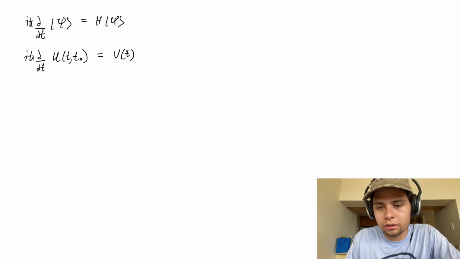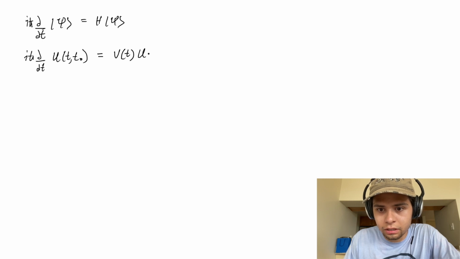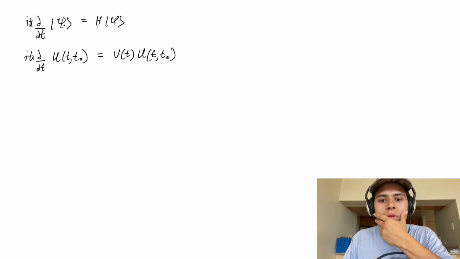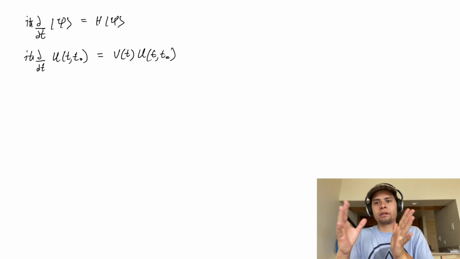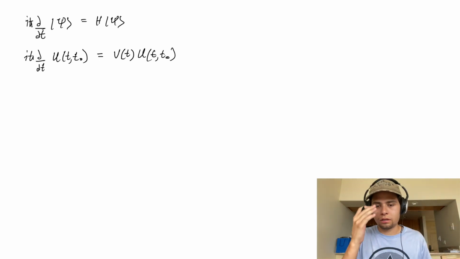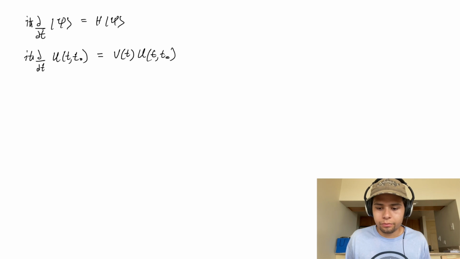That's what we're interested in. And times u, because again I'm just replacing here like that. So I've just replaced the state with an evolving operator, so the operator itself can evolve in time.